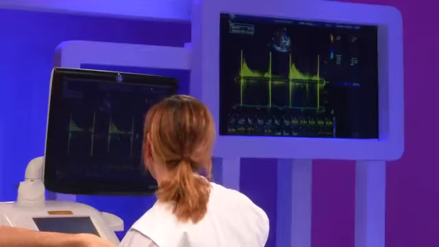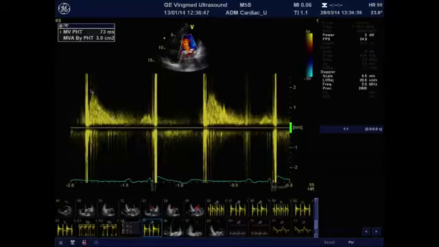Another useful parameter is to assess the pressure half time of the mitral envelope with the continuous wave Doppler. You need to know that you cannot use the pressure half time to evaluate the mitral valve area, but you should follow the pressure half time between the different exams, and be worried if there's an abnormal lengthening of the pressure half time with time.